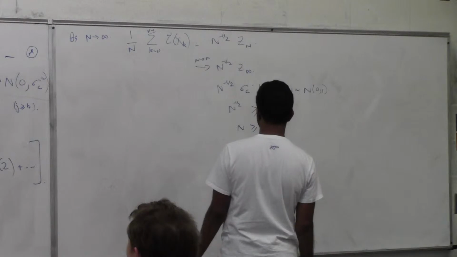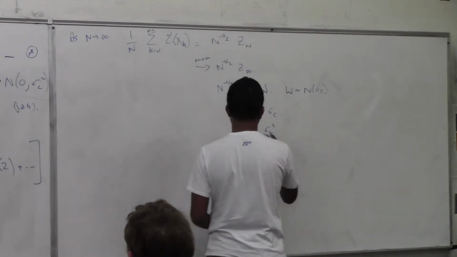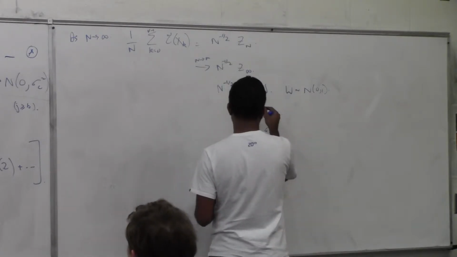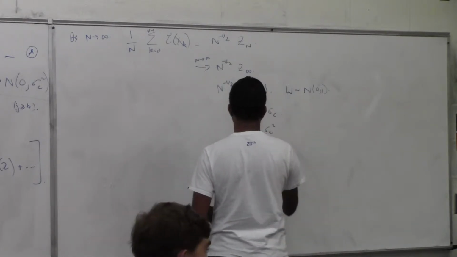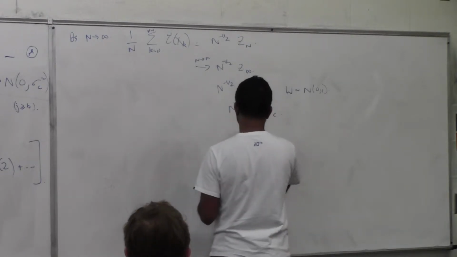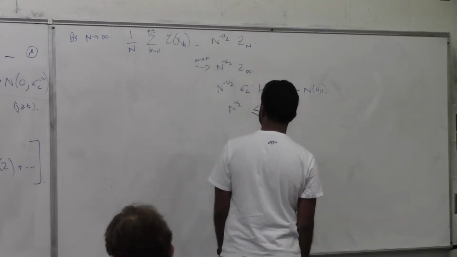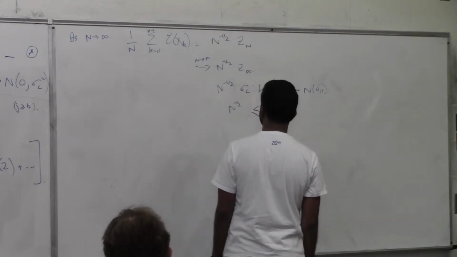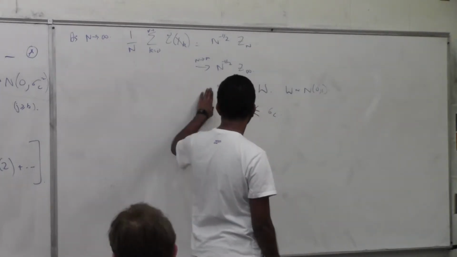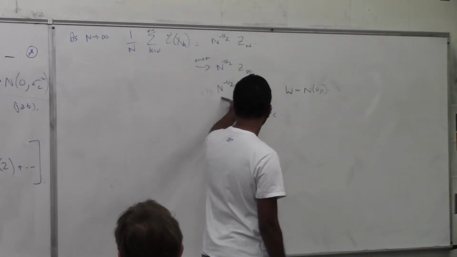There should be a 1 over somewhere. N power minus half is much lesser than... no, wait, you want that quantity to be small. You want this whole thing to be as small as possible.